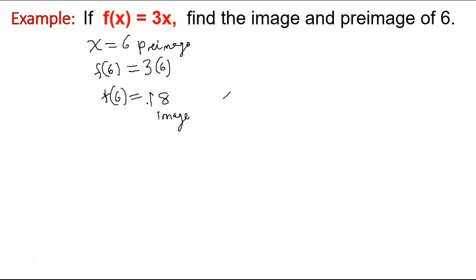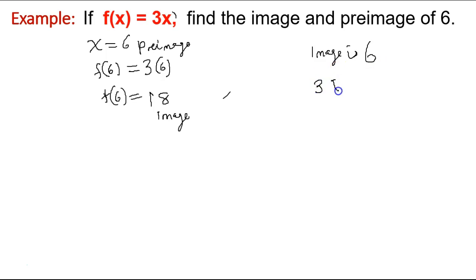On the other hand, when 6 is the image itself, what would be the pre-image? So then our image is this. We do 6, it has to equal that.